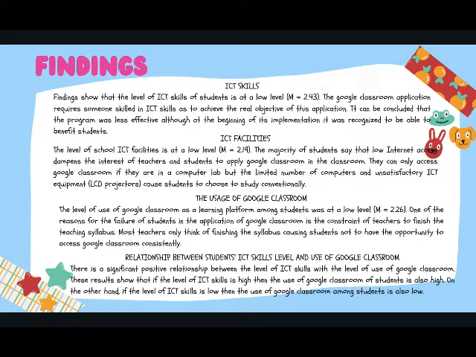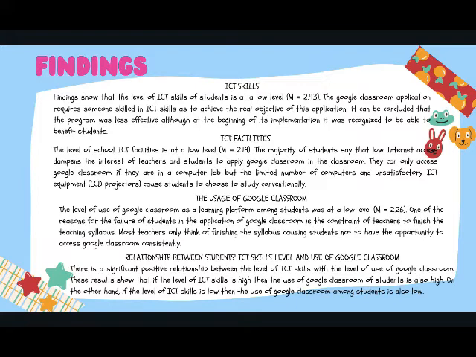Number 2 is ICT facilities, to answer the second objective. The level of school ICT facilities is at a low level, M equivalent to 2.19. The majority of students say that low internet access dampens the interest of teachers and students to apply Google Classroom in the classroom.